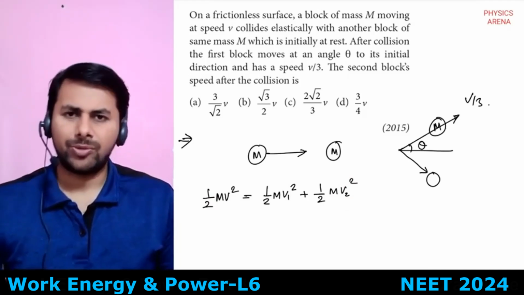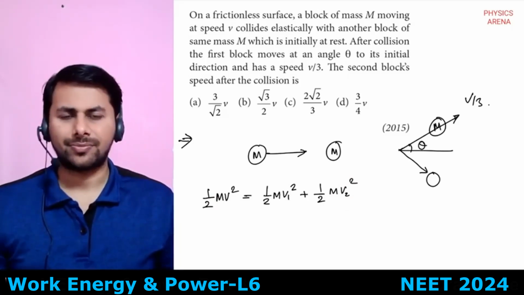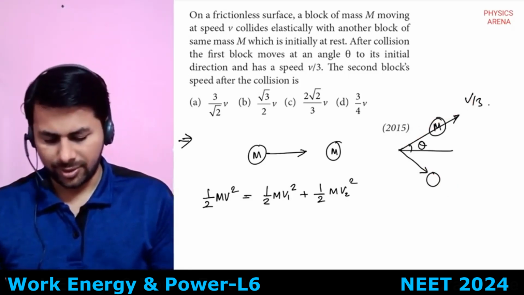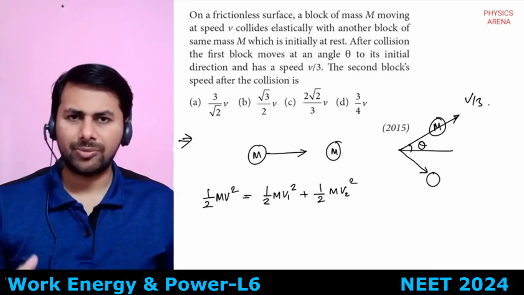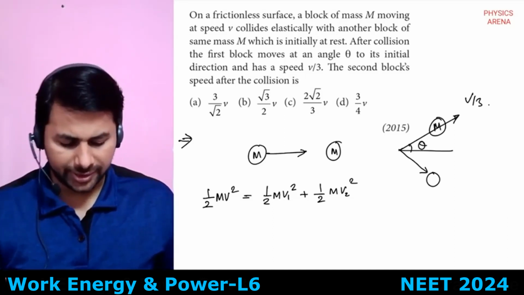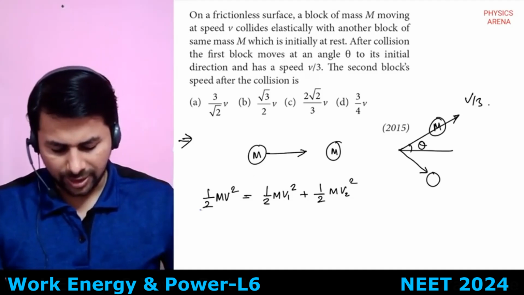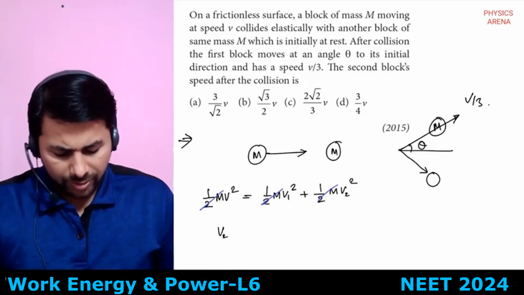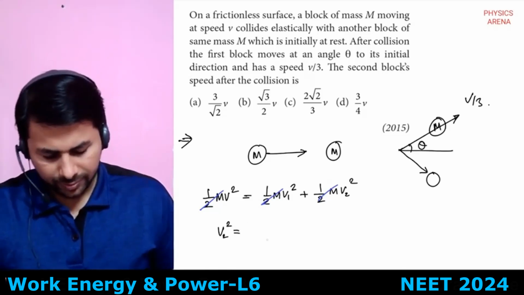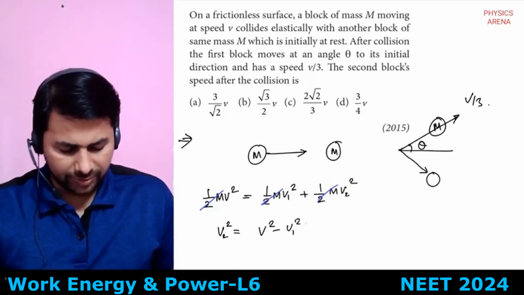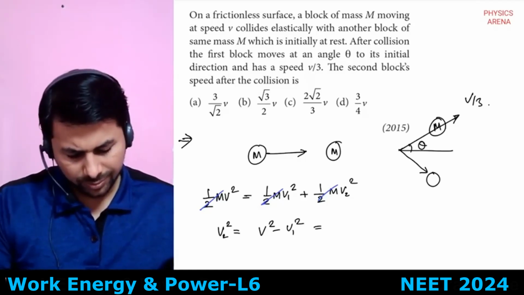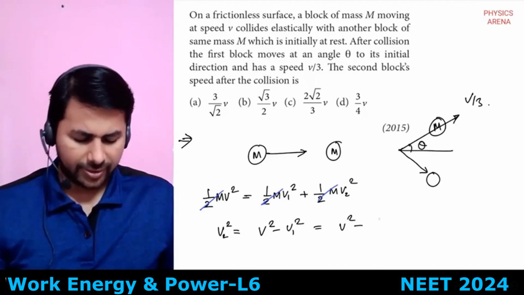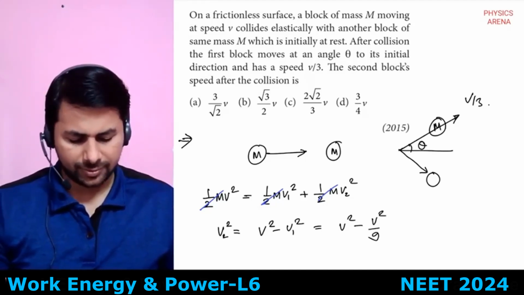If you use momentum, you need directions. This is a two-dimensional problem, so if you choose momentum, it will be difficult. Here it's easy. Half m gets cancelled, so you have v2 square equals v square minus v1 square, and that is equal to v square minus v by 3 square, v square by 9.